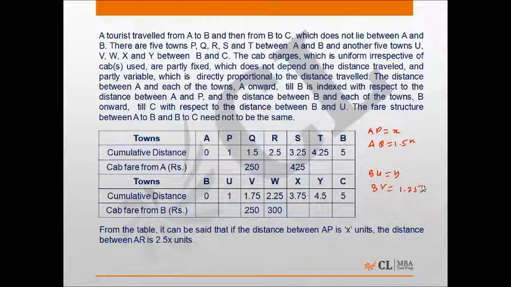1.75y. And it is also given that the cab charges, which are uniform irrespective of cabs, are partly fixed, which does not depend on the distance traveled, which means if a person travels between any pair of cities between A and B, including these two cities, he has to pay some fixed cost irrespective of the distance he travels, and partly variable, which is directly proportional to the distance traveled, which means a person has to pay a variable cost also, which is directly proportional to the distance that he or she travels.